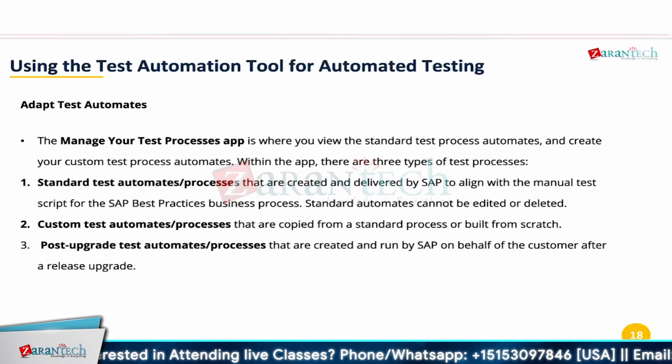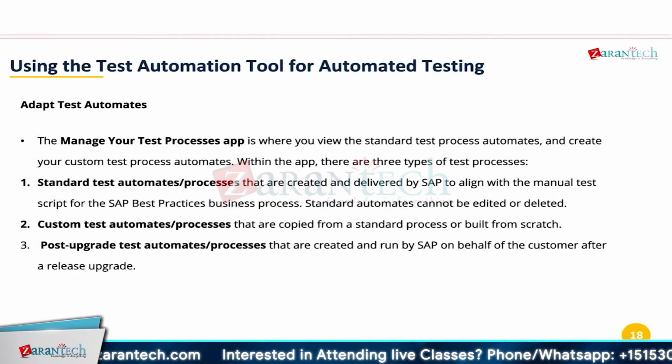It is not for testing SAP's business processes, but it is for testing customers' business processes, because in their fit to standard workshop, they might have identified the changes required and they would have done it. So while testing, they need the test scripts or test cases with these changes integrated. That is why you can edit the standard one or build it from scratch.